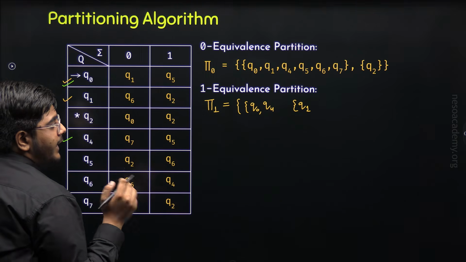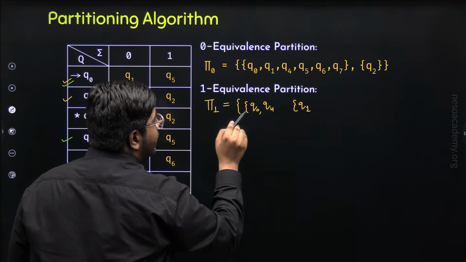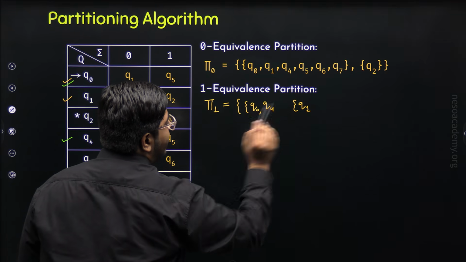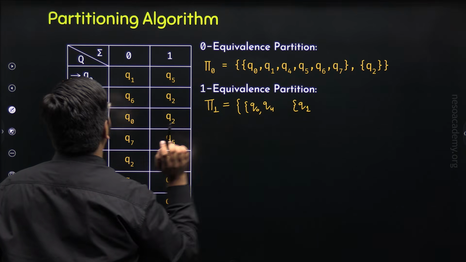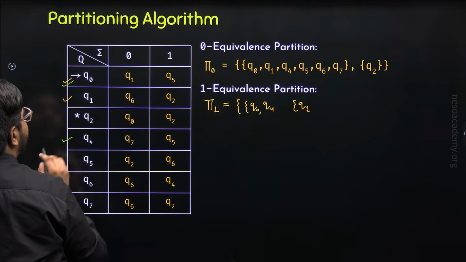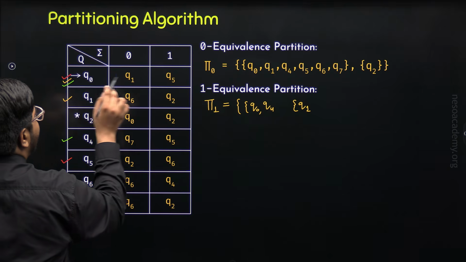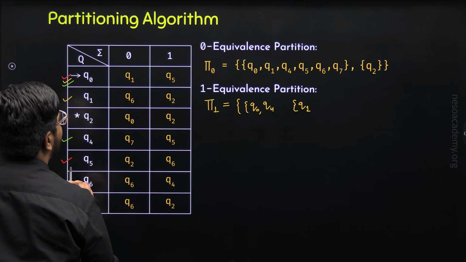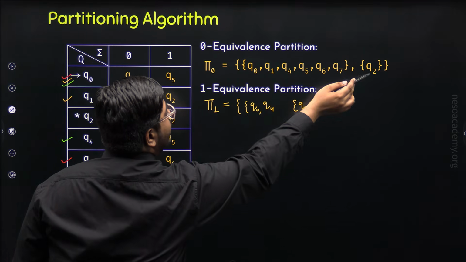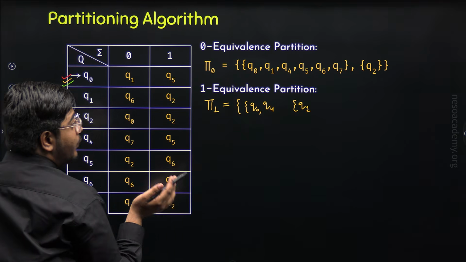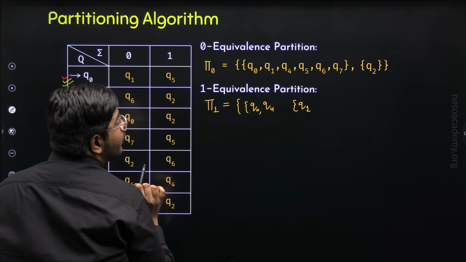Now we need to check our next state, which is Q5. Q5 is to be checked with either of Q0 or Q4, and it is to be checked with Q1. So first we are considering the states Q0 and Q5. Now on 0, Q0 gives Q1 and Q5 gives Q2. So we are getting Q1 and Q2. Q1 and Q2 lie under different partitions, which means Q5 is not equivalent to Q0 as well as Q4.